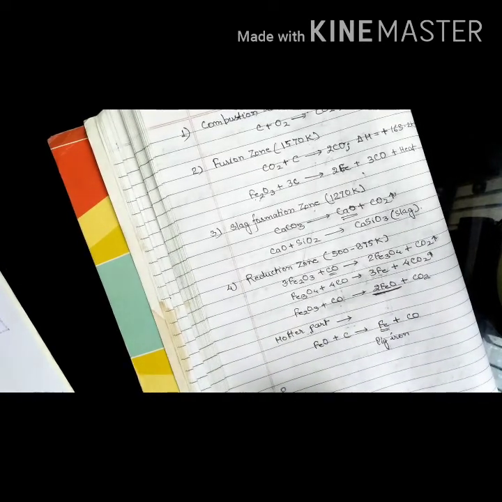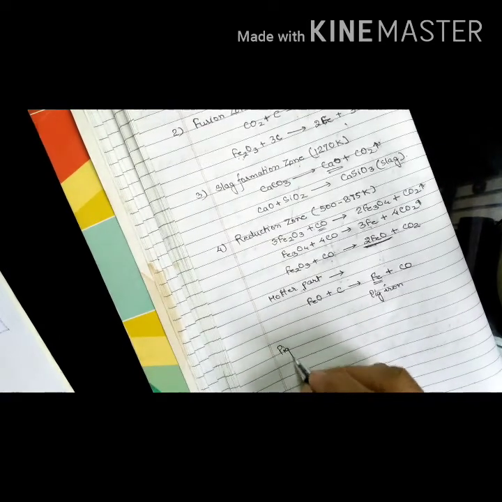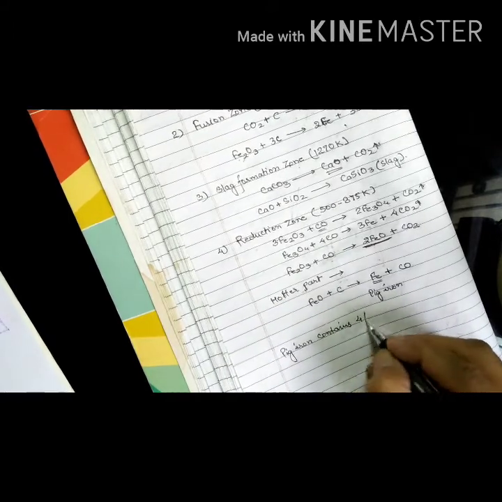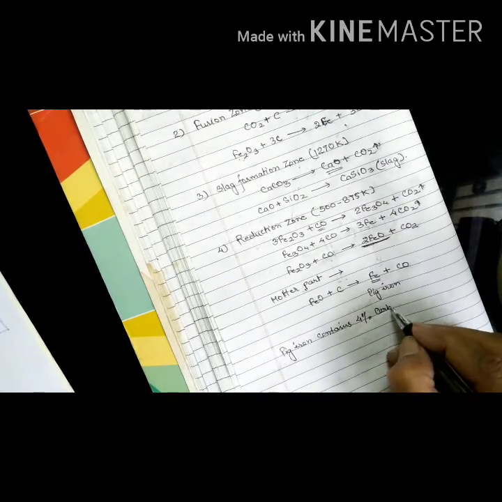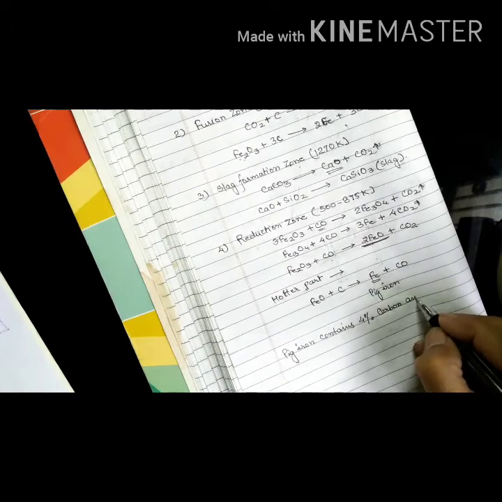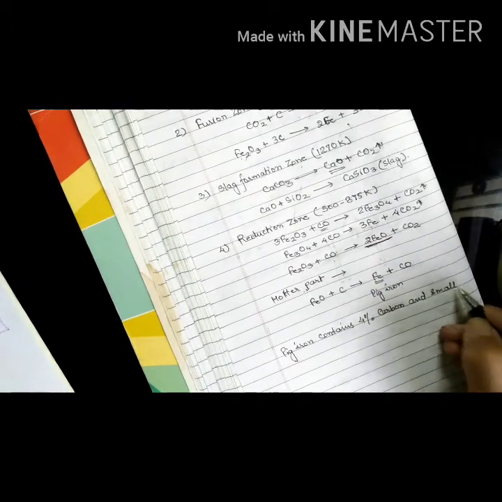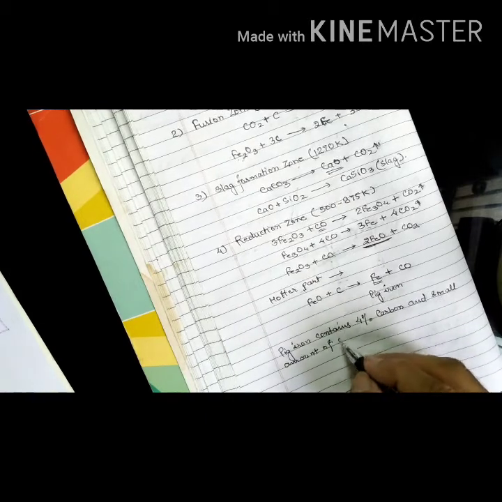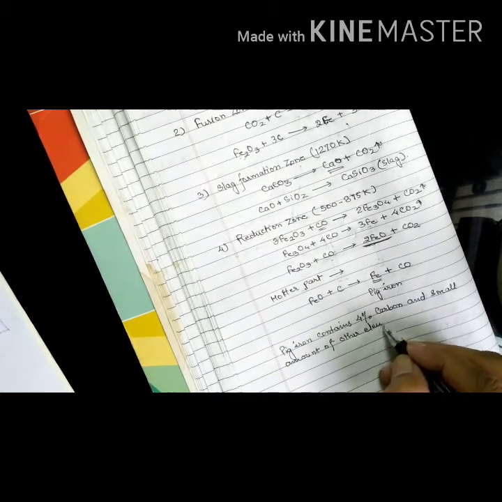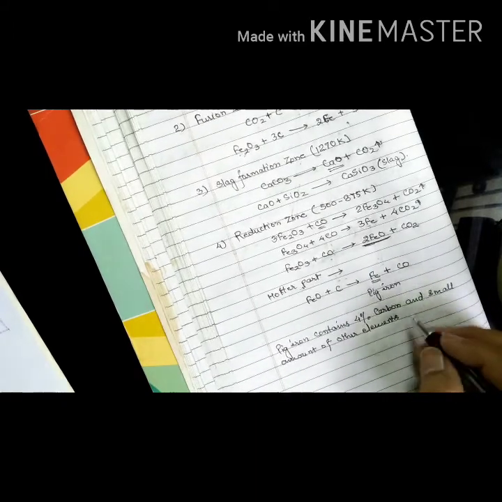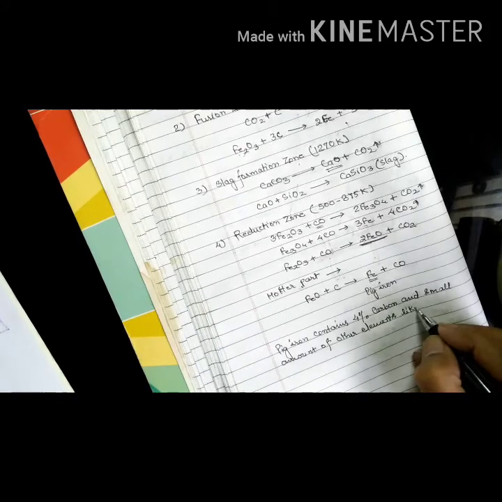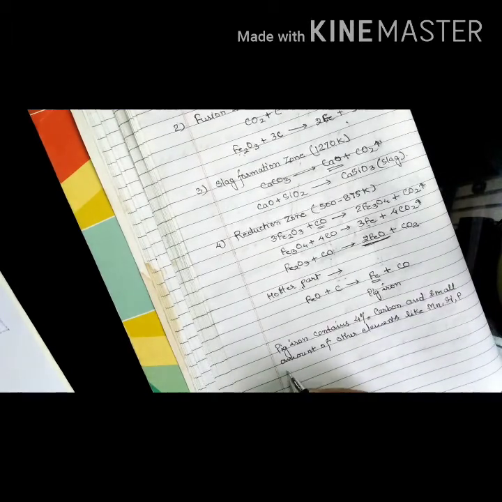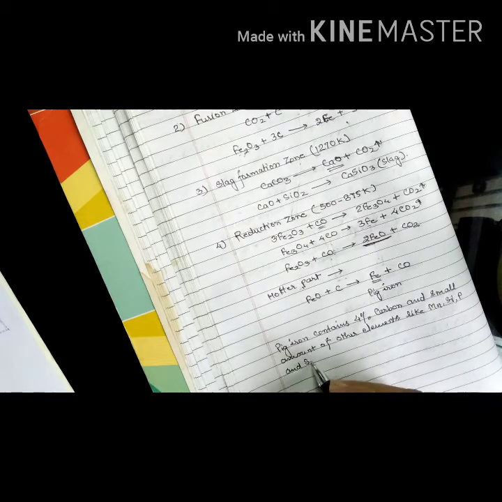Pig iron contains 4% carbon and a small amount of other elements like Mn, Si, P and S, that is, sulfur and phosphorus.